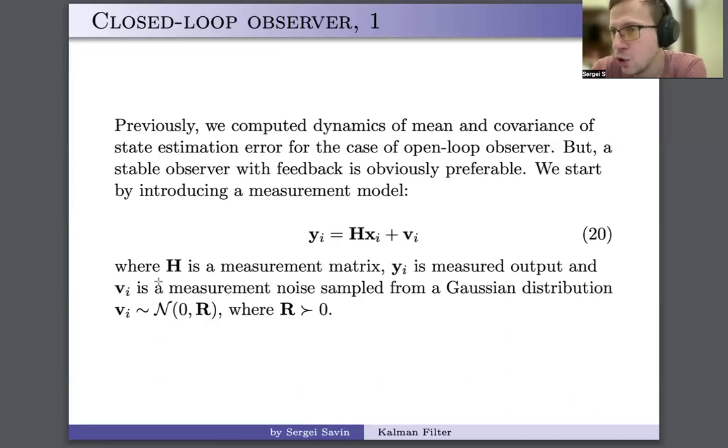And if you have knowledge about your mean, you simply subtract it from the readings of the sensor, and you get zero mean measurements. So that is why it makes perfect sense to have a zero mean Gaussian distribution as your measurement noise.